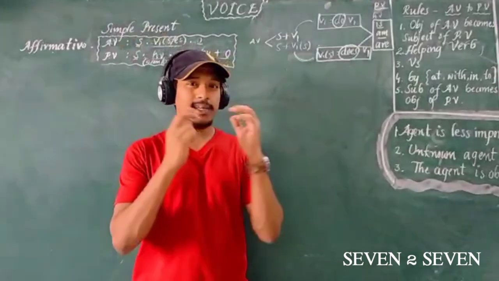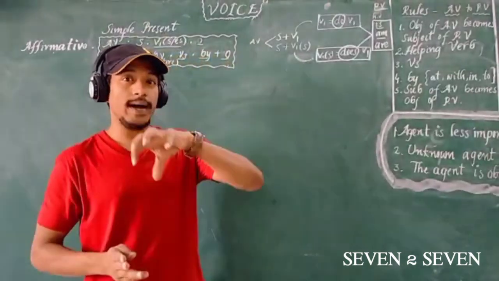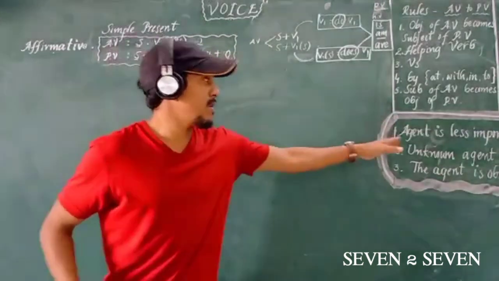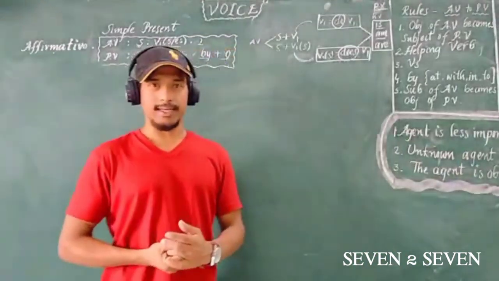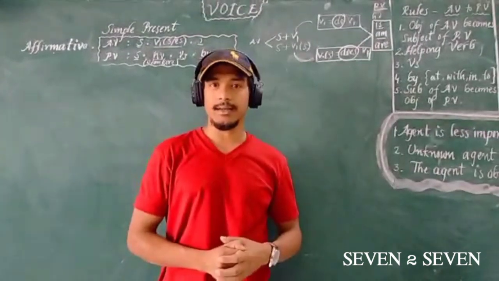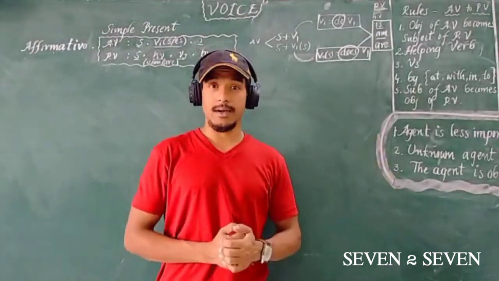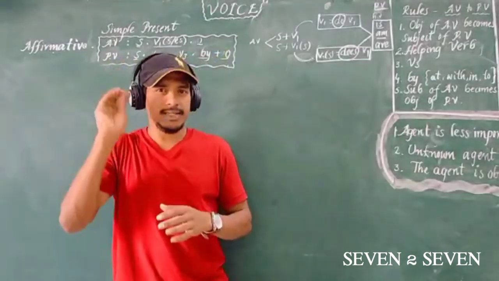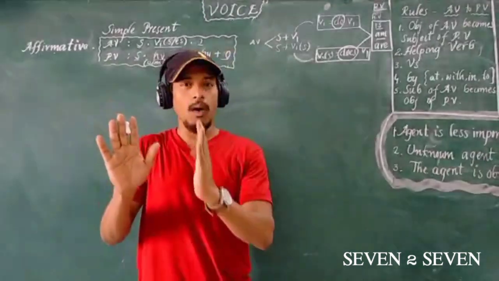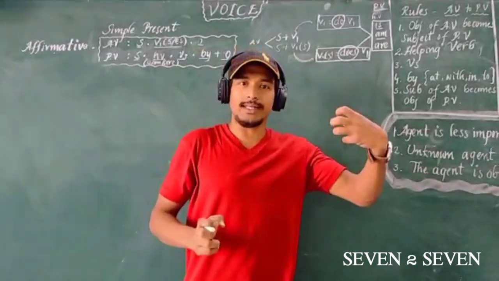However, we don't need to write by and the agent when the agent is less important. If you don't want to give the agent the priority, we can avoid it. Here we have a subject which we call agent, the verb, the action, and the object, the receiver.